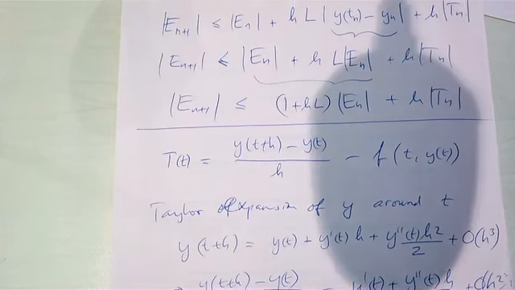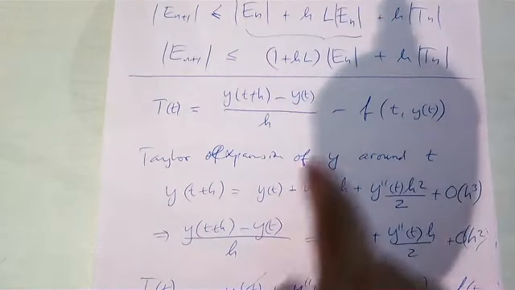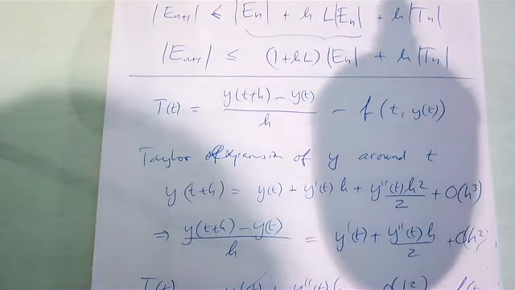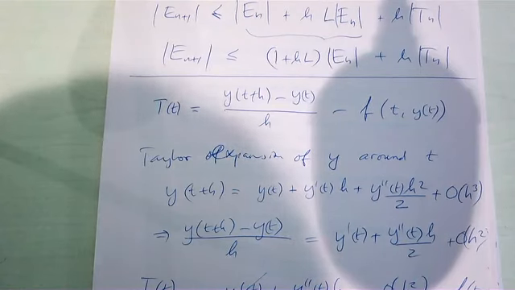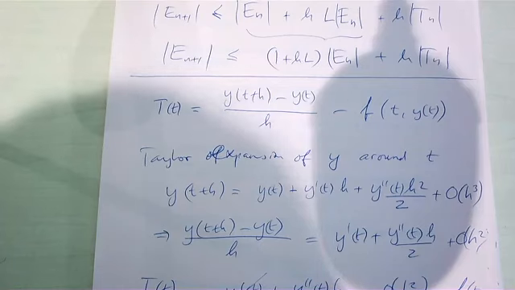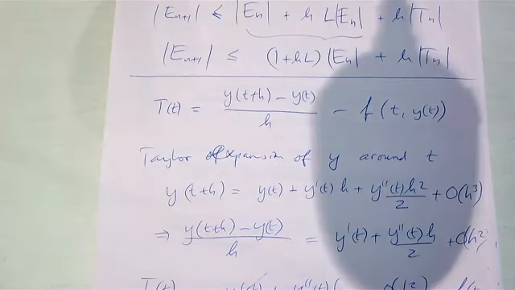So in this case, your Tn, the local truncation error at time step n, is just of order O(h). Remember, because we have the h here and h squared here, it's order O(h).